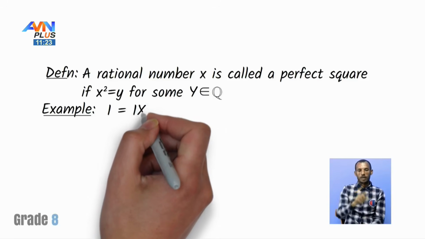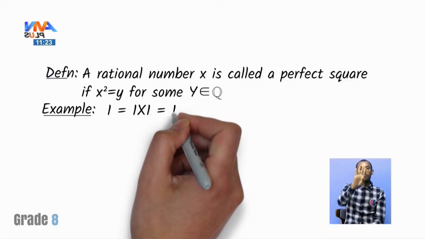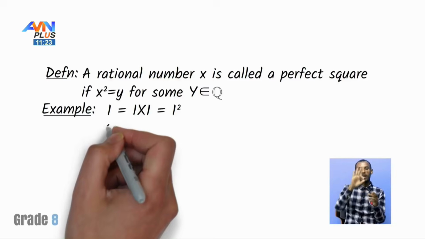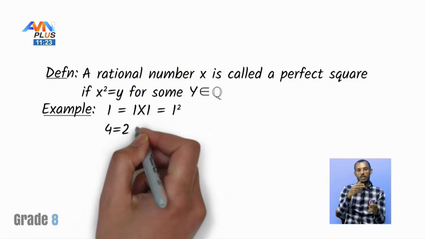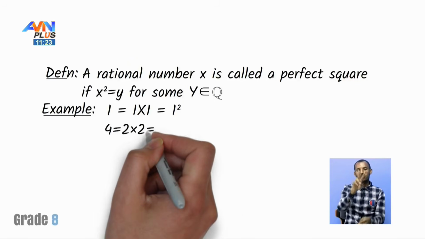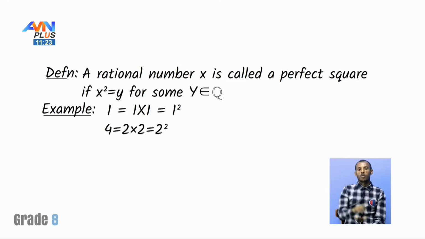The other example of a perfect square is 4. 4 is a perfect square because we can find a certain rational number whose identical product gives 4. So 4 can be expressed as 2 times 2 or 2 square. Okay, 4 is 2 square, 1 is 1 square.